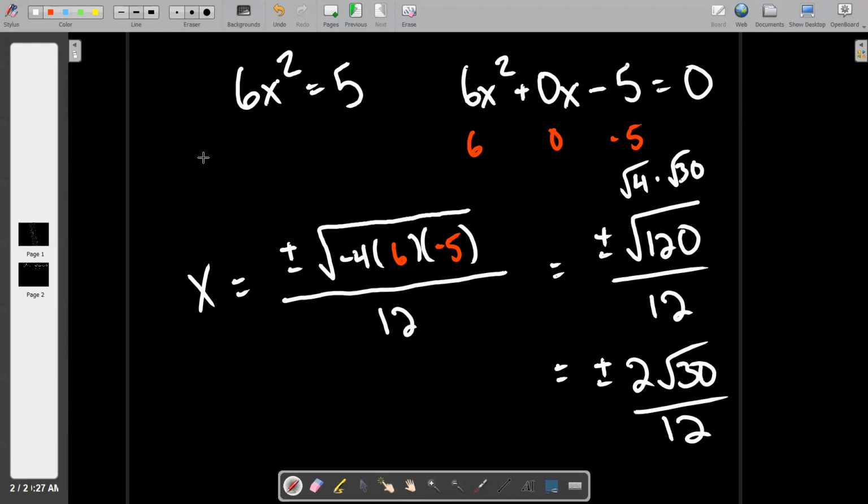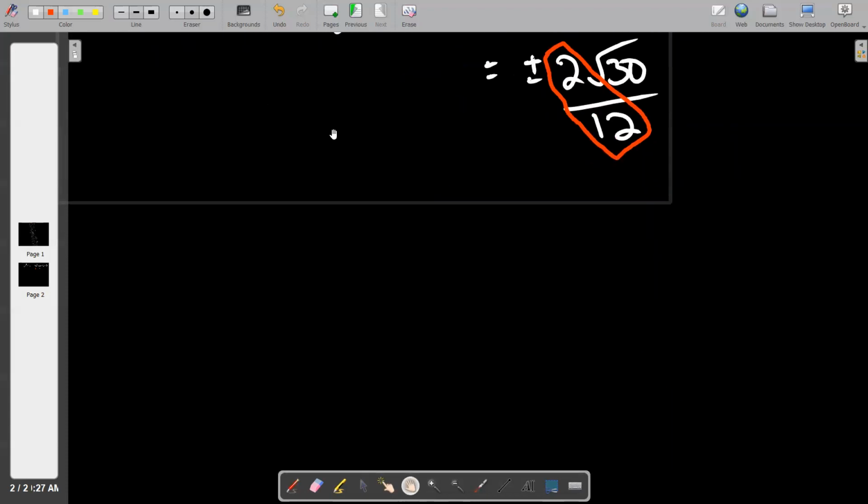And so now I can just straight up, like 4th grade, reduce this fraction in the red box right here. What can 2 and 12 reduce to? Yeah, so we wind up with x equals the positive or negative of root 30 over 6. Not all problems are created equal. Okay, ready for the next one?